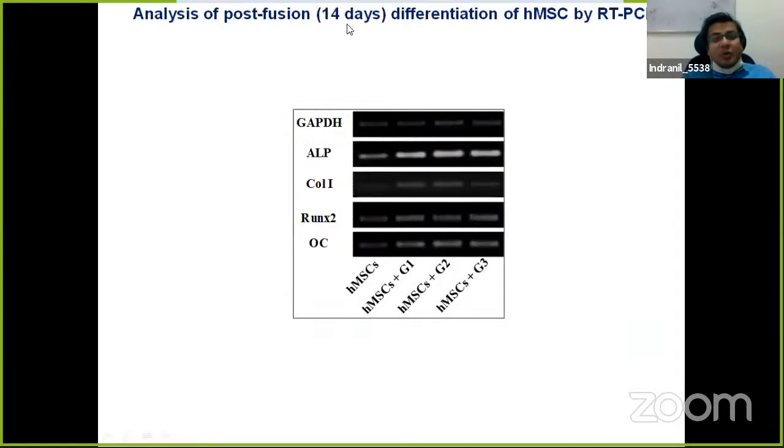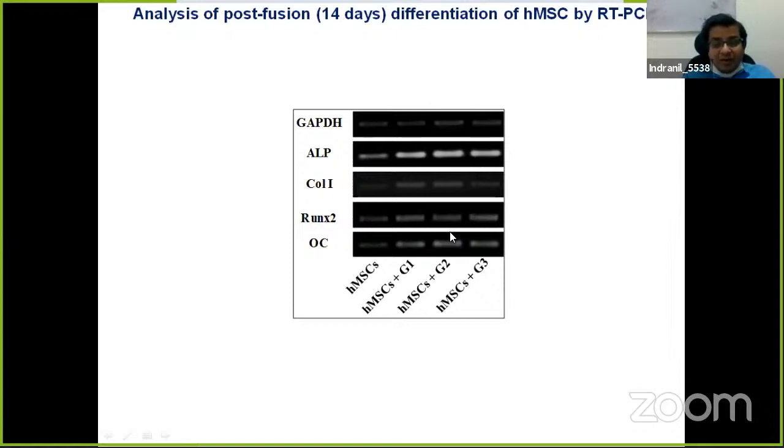Then we analyzed the post-fusion 14-day differentiation of HMSC by reverse transcriptase PCR for different kinds of differentiation markers. You see that in all the cases there is increased differentiation with respect to the control, but among the three different kinds of GPMB there is some variation.